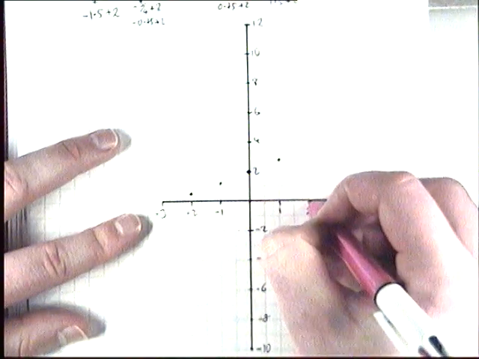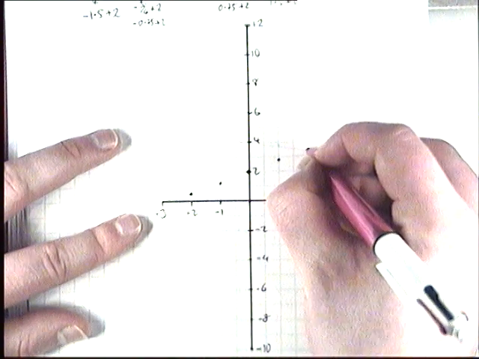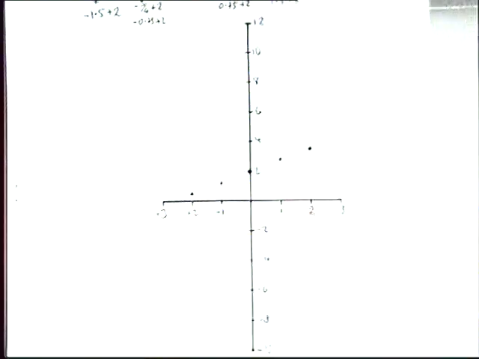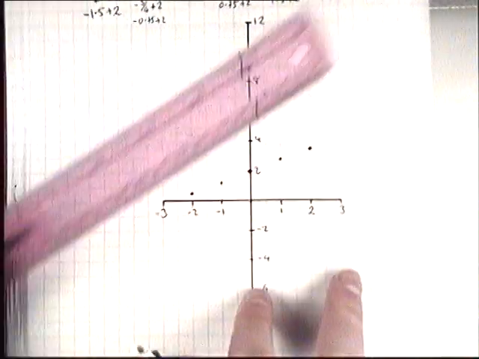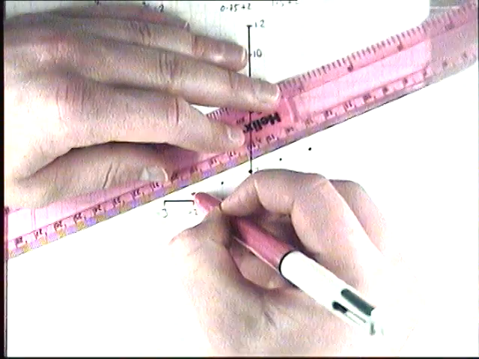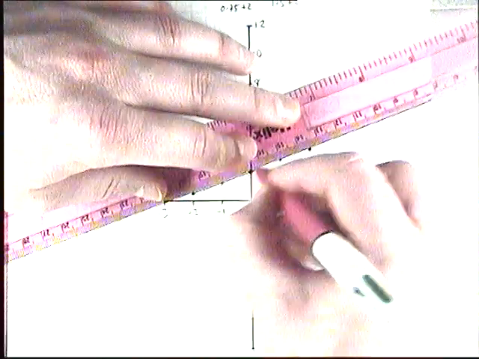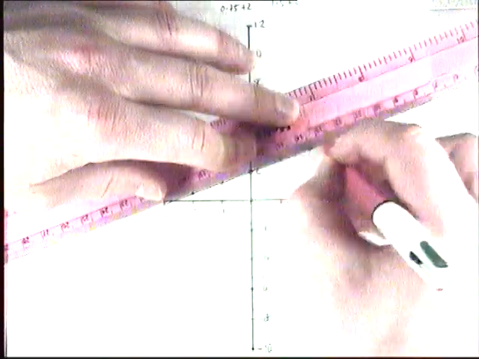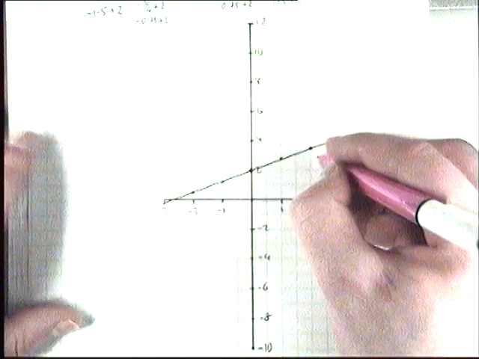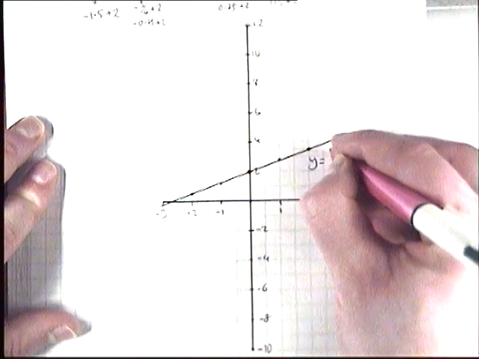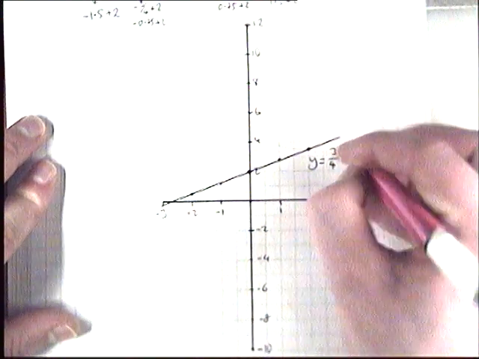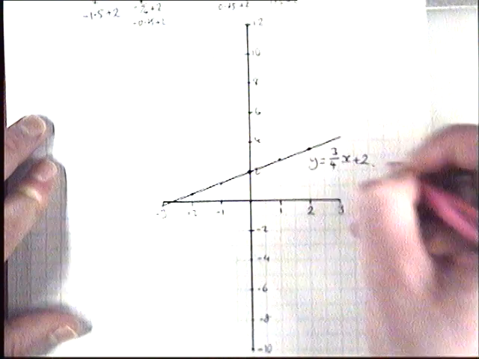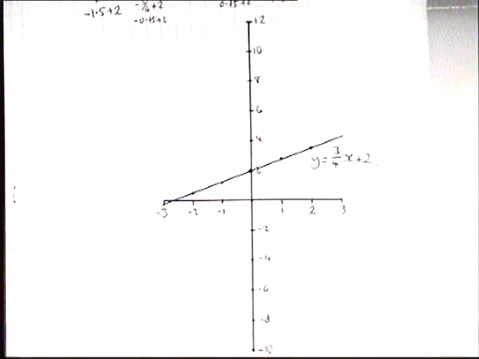And 2, 3.5. Again, do that as best you can on the axes that you have. Make sure you've extended that line the full way across, and then label it y equals 3/4 x plus 2.